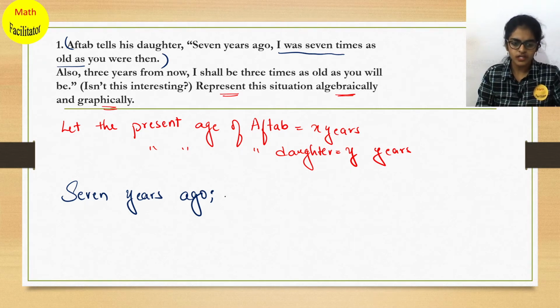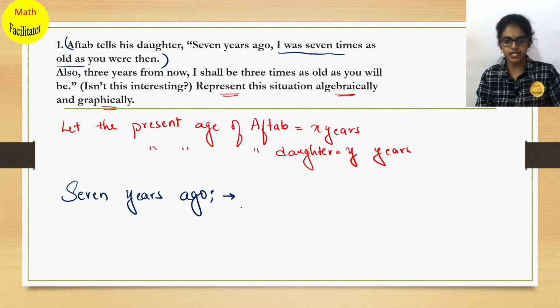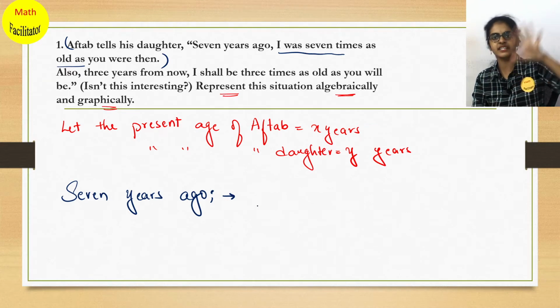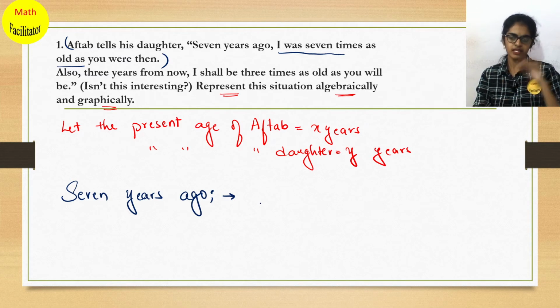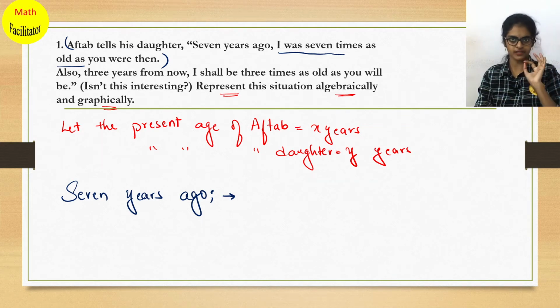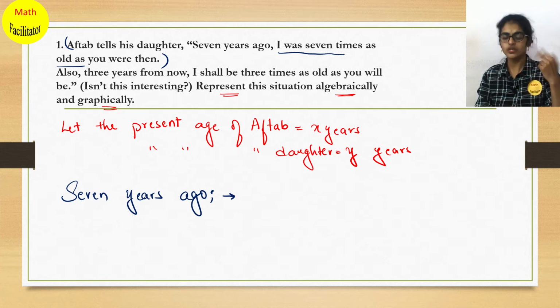So what you will do is, to find the condition, you will first find Aftab's age and daughter's age 7 years ago. For example, if your age right now is 15 years, what is your age 5 years ago? Simple, present age minus 5 years, 15 minus 5 will give you 10 years. And what is your age 2 years from now?